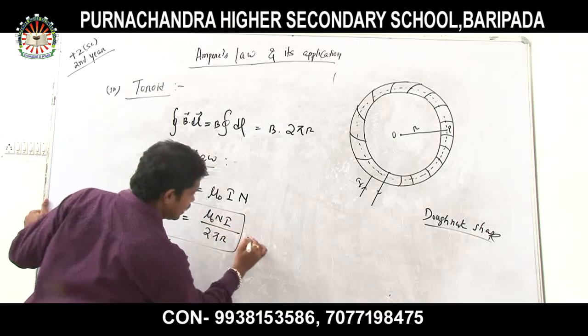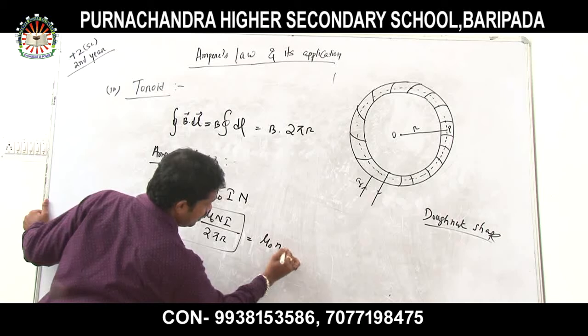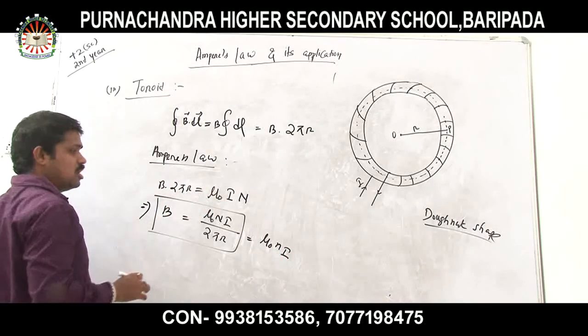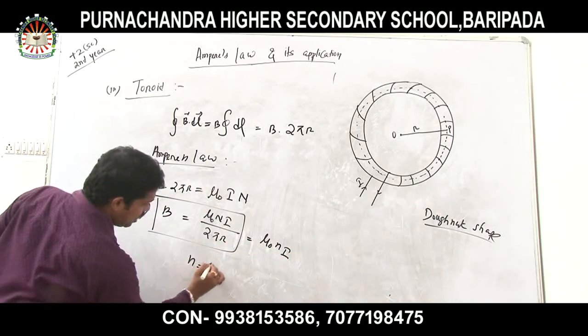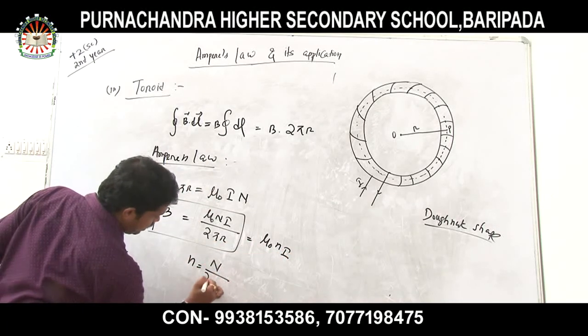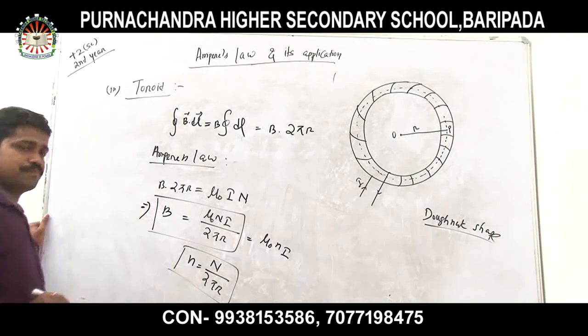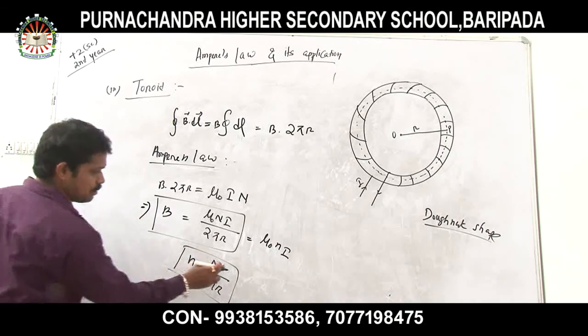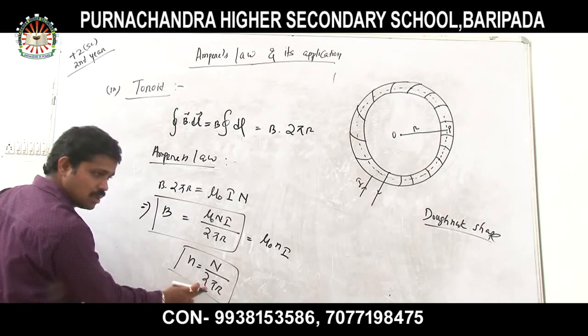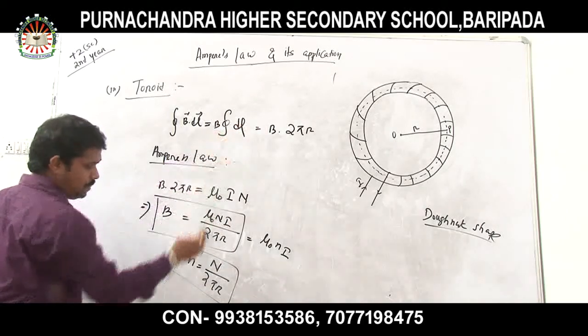where N is the number of turns in the loop, and I can also write mu 0 n I, as we have done in the solenoid, where small n is nothing but capital N divided by 2 pi r. That means the number of turns per unit length. What is the unit length? That is the circumference 2 pi r.